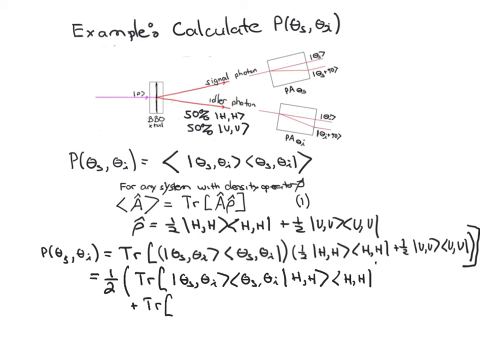Whoops, I should have closed the first trace. And then the second trace is |theta sub s, theta sub i><theta sub s, theta sub i| times |V,V><V,V|, like so.